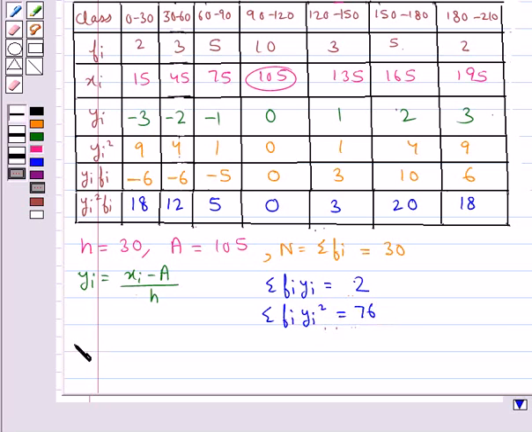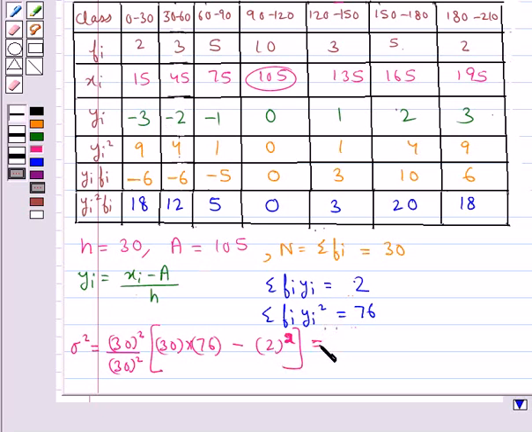Now the variance sigma square is equal to h square upon n square multiplied by n into summation fi yi square minus summation fi yi the whole square.